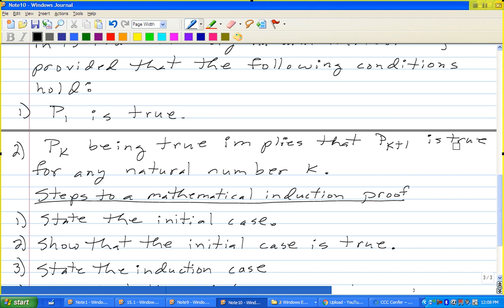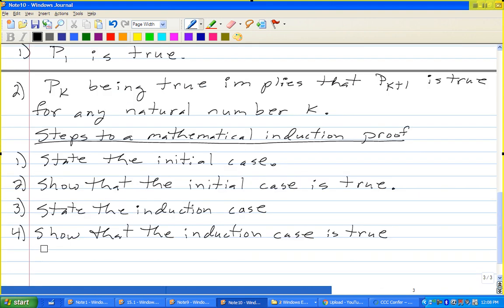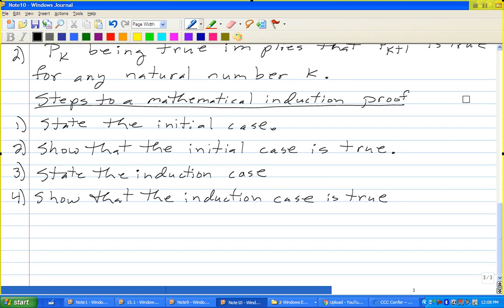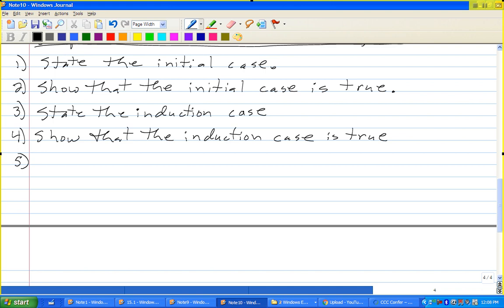So the induction case says P_k true implies P_(k+1). Showing the induction case is true says to show that that implies that P_(k+1) actually is true. And then five, just write down your conclusion. So five, write the conclusion.